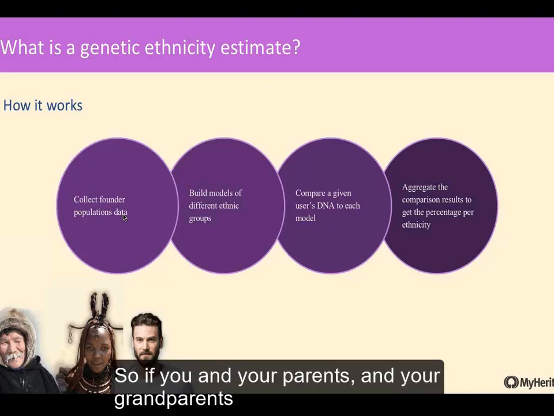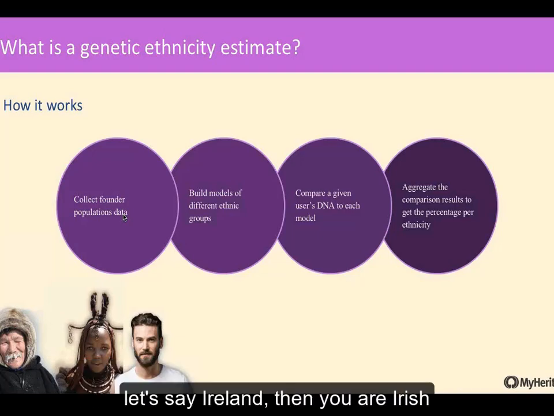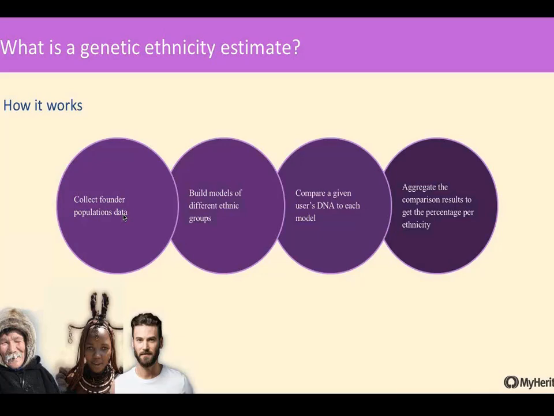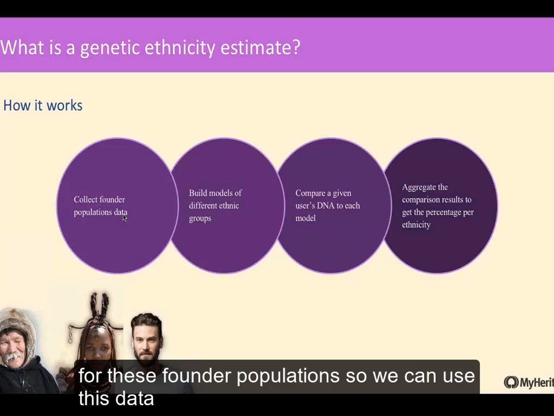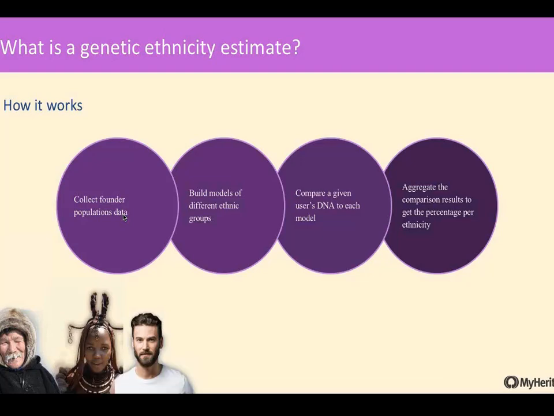So if you and your parents and your grandparents and your great-grandparents and even more are from, let's say, Ireland, then you are an Irish founder population group, which is great. So the first thing we need is to search for these founder populations so we can use this data to model that population. Very simple.